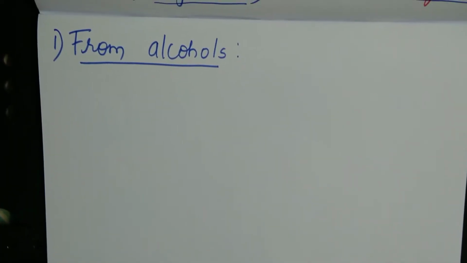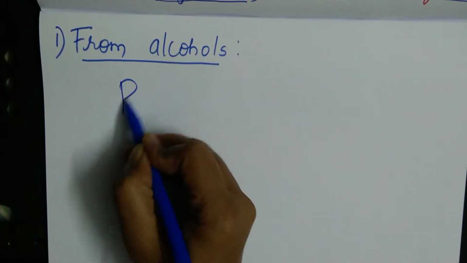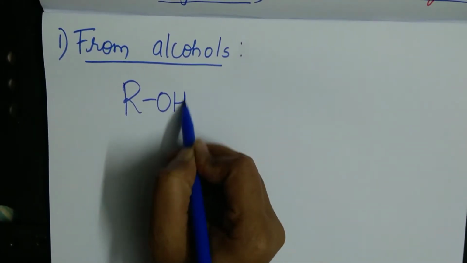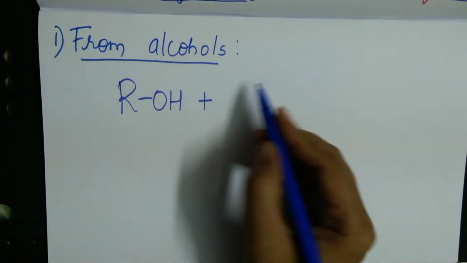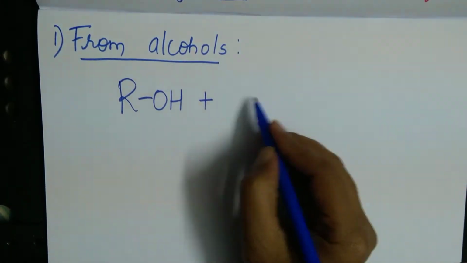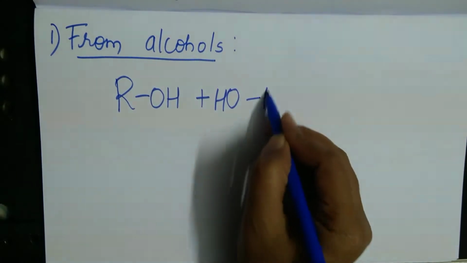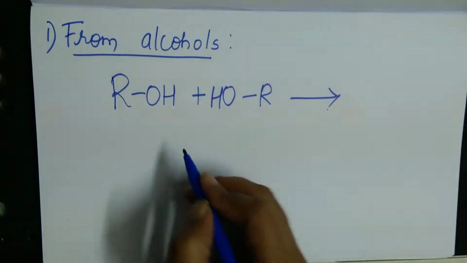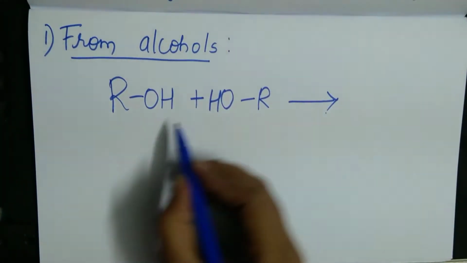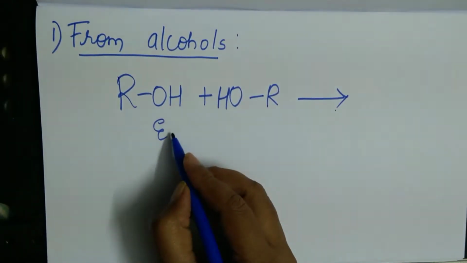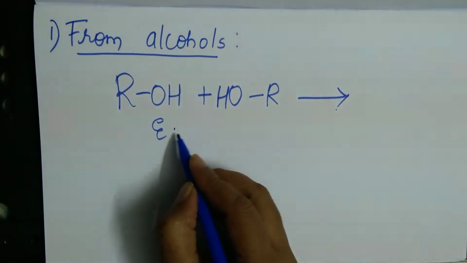From alcohols. When alcohols are treated with concentrated H2SO4, we get ethers. So what is the concentration of alcohols? The concentration of alcohols taken should be in excess.